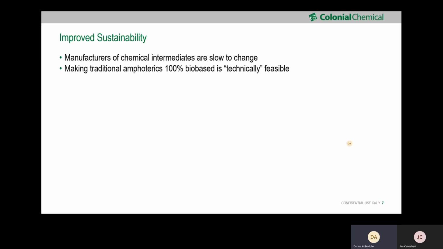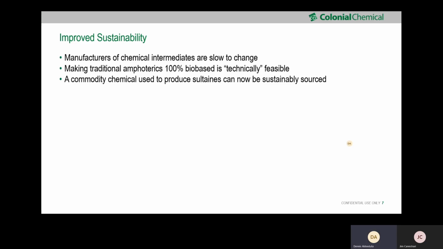Even the MCA or SMCA feedstock that we talked about for the betaines could be produced from a bio-based acetic acid, again from fermentation. But those intermediates are to date not bio-based right now. So we're kind of waiting in the wings for folks to do that.